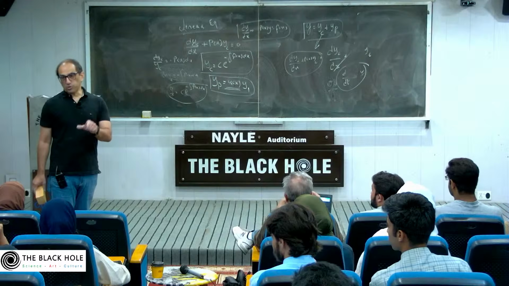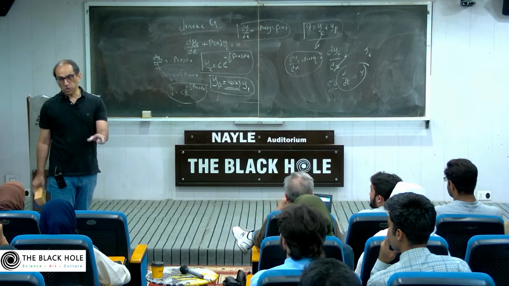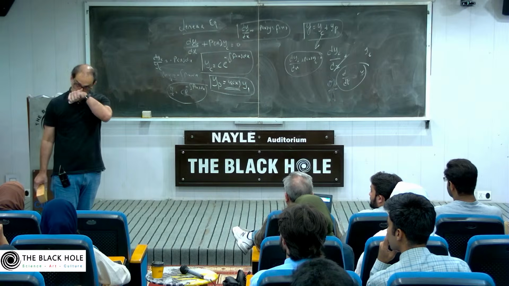But the best way to solve a non-homogeneous differential equation is variation of parameters, which is generalized. The method of undetermined coefficients we can apply only for some specific forms. So in general, variation of parameters for any form. Variation of parameters is general, no matter. But the only thing is that you need to know the solution of the associated homogeneous part, otherwise you will not be able to solve.